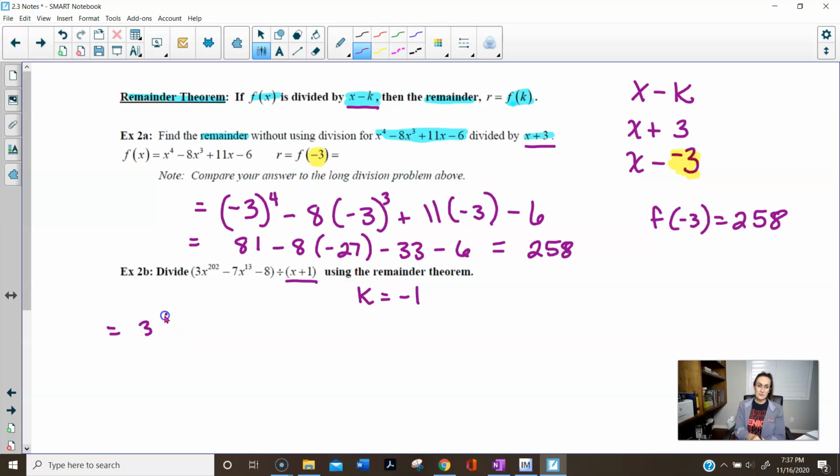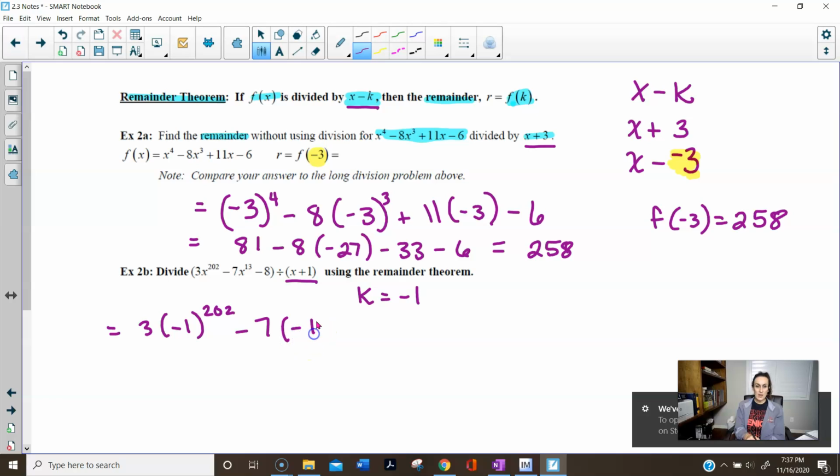So this is 3 times -1 to the 202 power, subtract 7 times -1 to the 13th power, subtract 8.